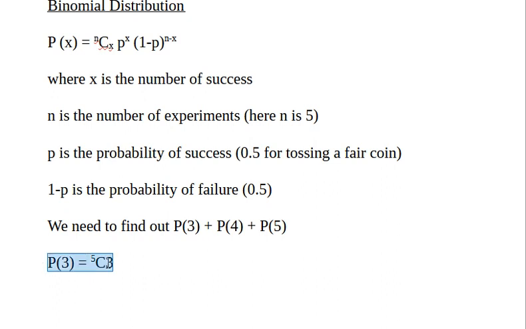Then into p, we already know it is 0.5 to the power x, that is 3, multiplied by 1 minus p, that is also 0.5, to the power n minus x.